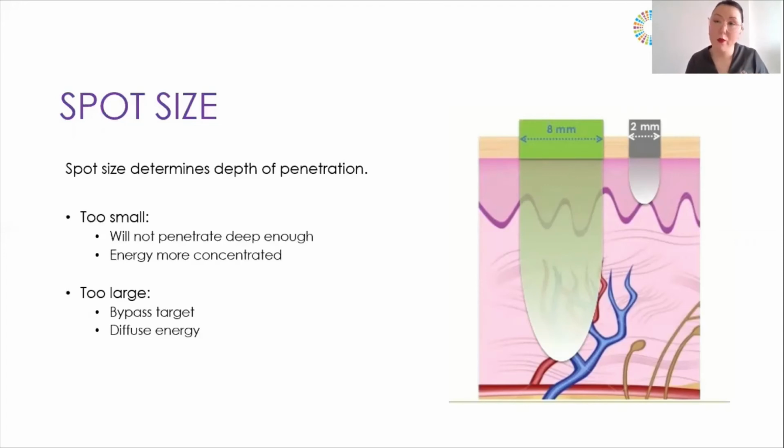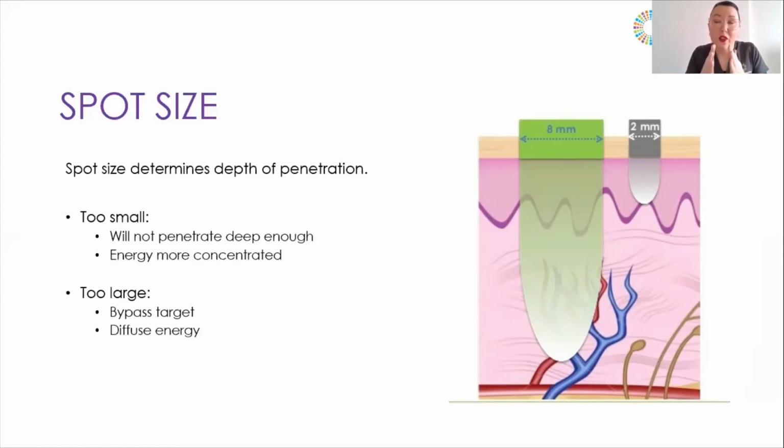For example, the original hair removal laser was a ruby laser. Now a ruby laser uses a 500, 600 nanometer wavelength, and it has a very, very small spot size. Now, if we look at that wavelength, it's very superficial and very, very strong. So again, if we're trying to target the bulb of a hair, it's not going to go deep enough.